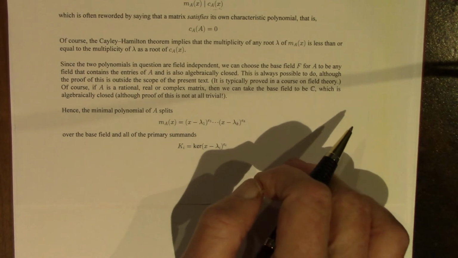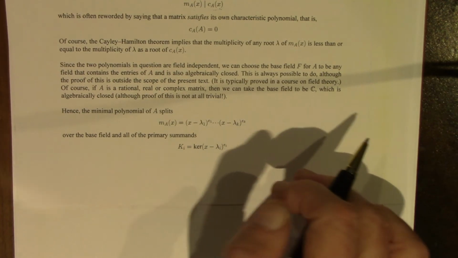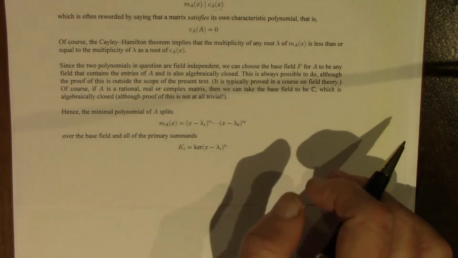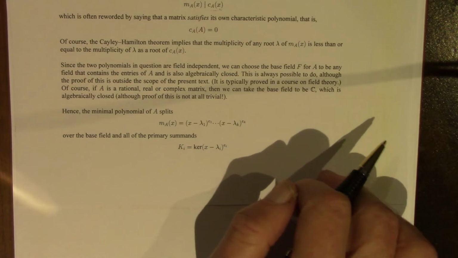Obviously the field must contain the entries of the matrix, so we'll choose one that contains the entries of the matrix and is algebraically closed.